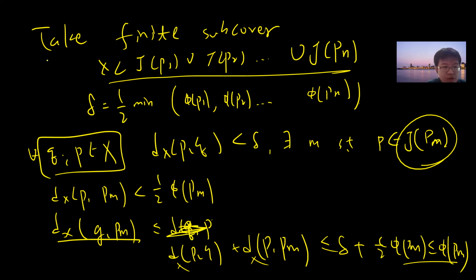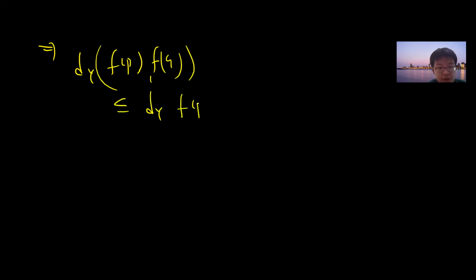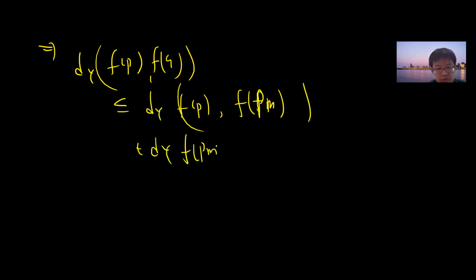But this shows what? We now need to bound dY(f(p),f(q)), which is less than or equal to dY(f(p),f(pm)) plus dY(f(pm),f(q)).